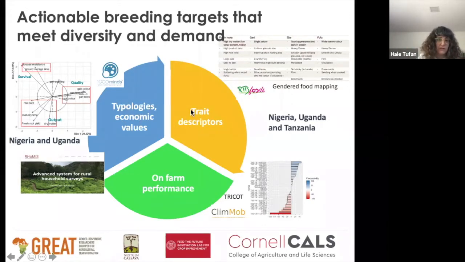So what we're trying to do here is triangulate the explicit articulation of desired traits and the relative ranks and weights of those with the choices that are made by the very same individuals, because the same individuals will be undergoing all of these different methods, that on farm we look to see if that correlates or if that really is in line with the choices that farmers are making with varieties.